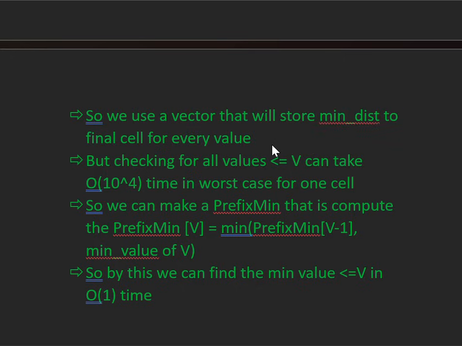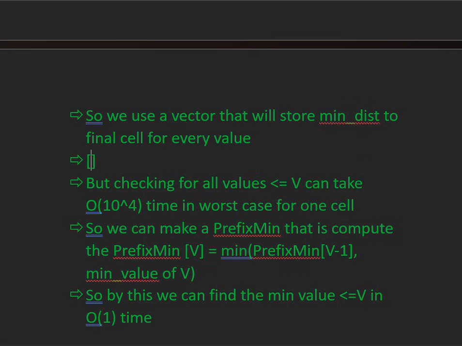What it means is, suppose I make an array, index 0 denotes any cell having value 0, and if you have to go to the final cell, what is the minimum distance? So suppose this is 3, 5, 2, 6.